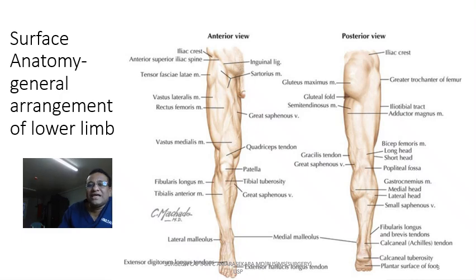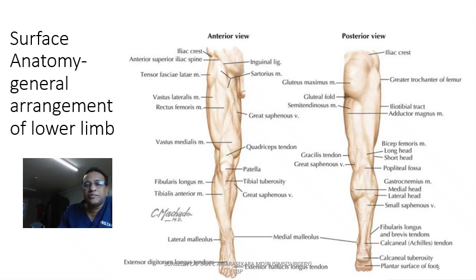In this slide, you can see the lower limb from two different views, one from the anterior view and the other from the posterior view. Here we will try to identify the prominent landmarks and structures on the surface.